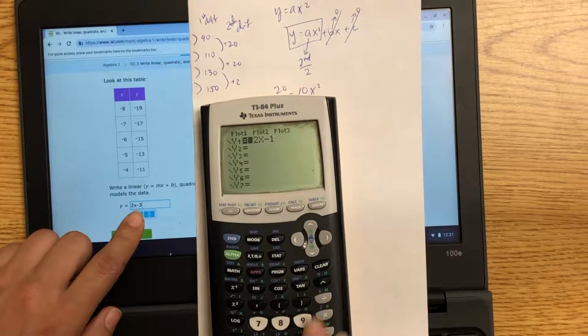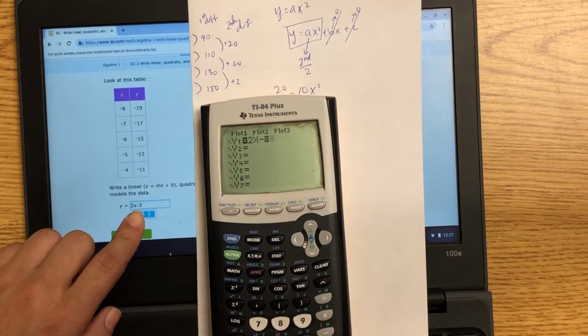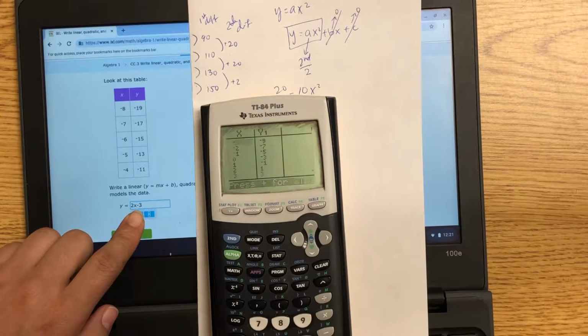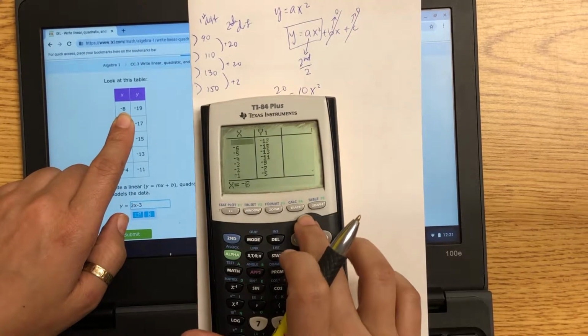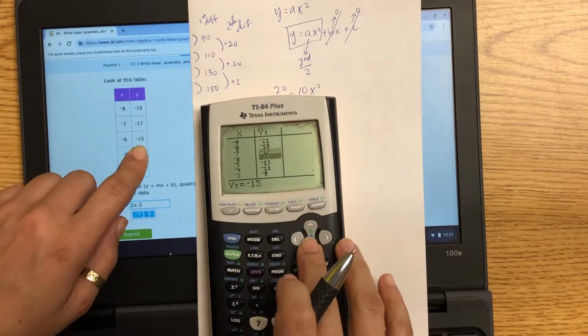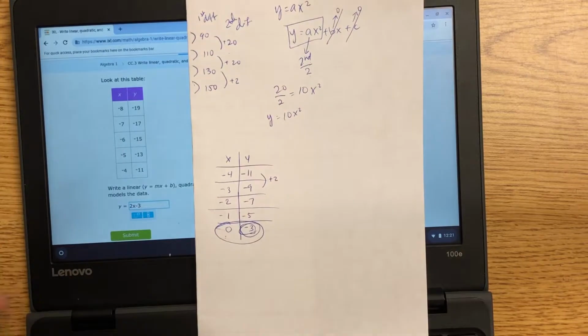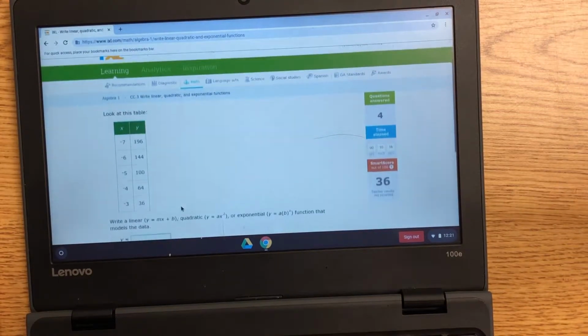Y equals 2x minus 3. Then hit second table. And then check your table. It starts at negative 8, so scroll up to negative 8, go across, negative 19, then negative 17, negative 15, negative 13, negative 11. Okay, so that one is right. Terrific. All right.